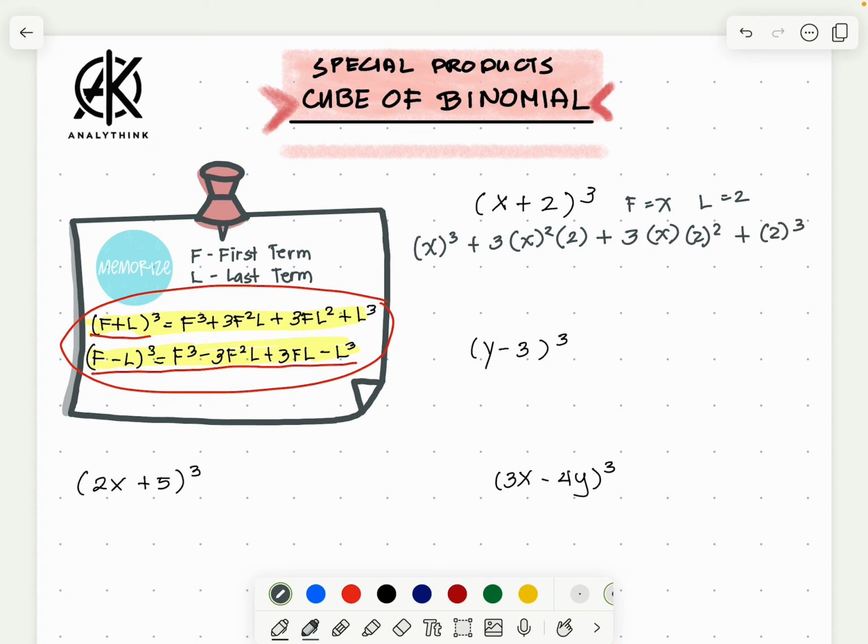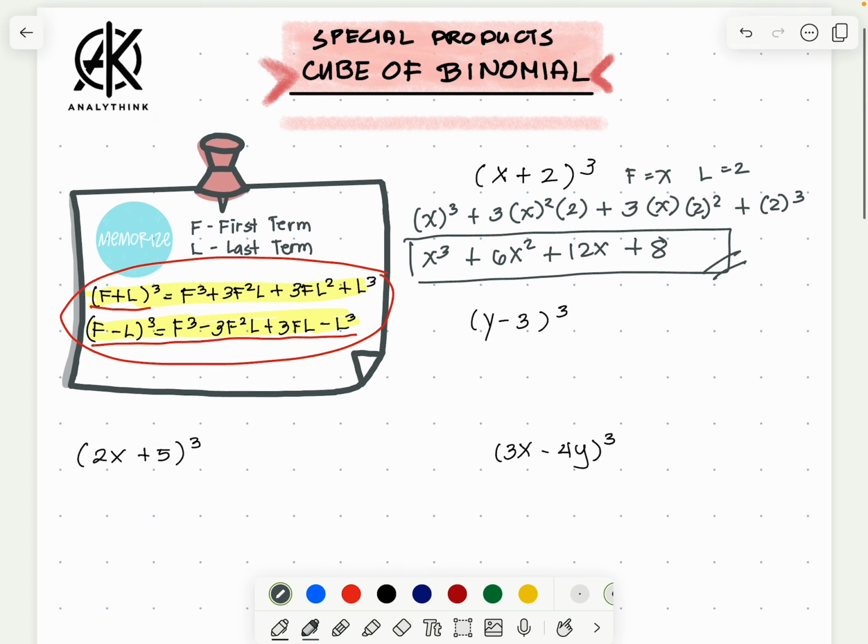And then let's simplify this. So you have x cubed plus 6x squared. 4 times 3, you have 12x, and then 8. So that's it. This is our final answer.